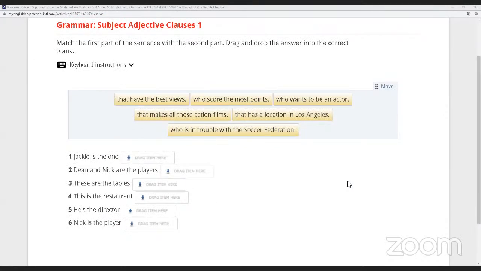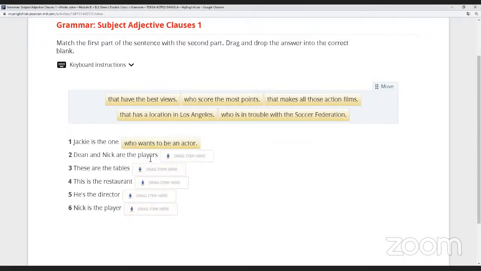Match the first part of the sentence with the second part. Drag and drop the answer into the correct blank. Okay, so number 1, please. Jackie is the one who wants to be an actor. Dean and Nick are the players.